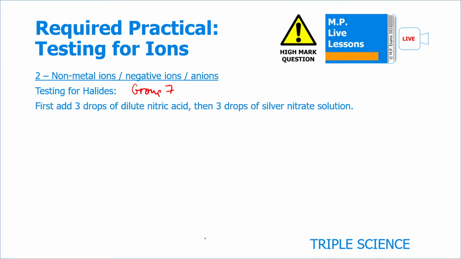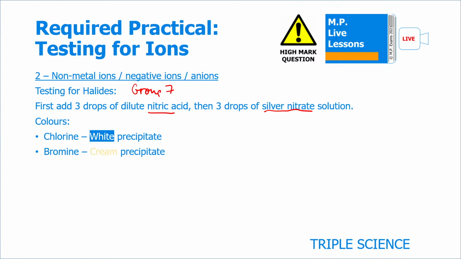What you need to do first is add a few drops of nitric acid, then a few drops of silver nitrate. So you need to know about these two chemicals that you add. Now, once you do this, if chlorine is present, it'll produce a white precipitate. If bromine is present, a cream precipitate is produced.